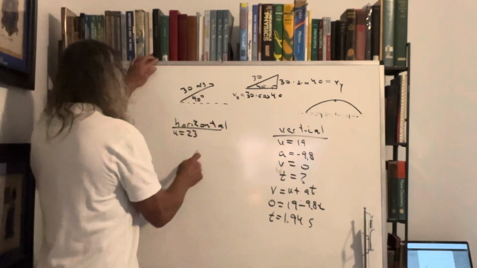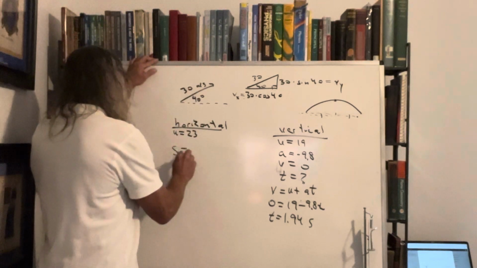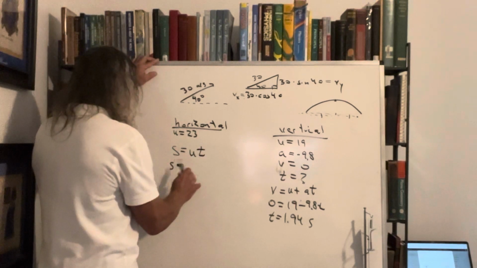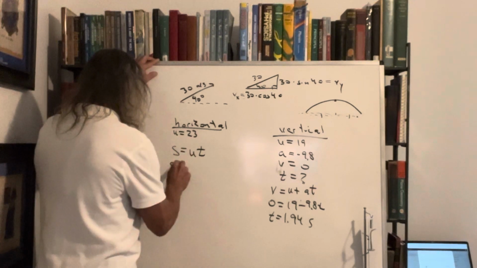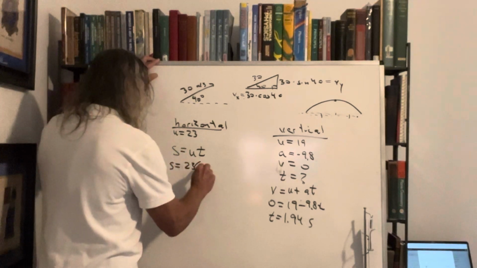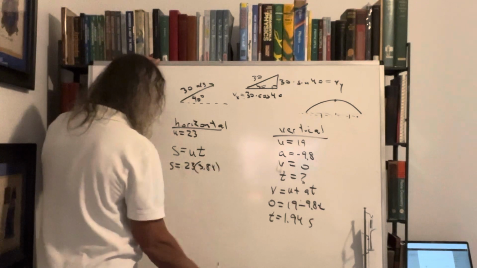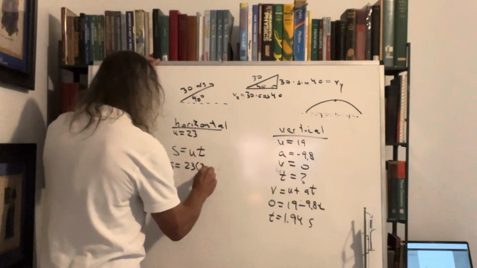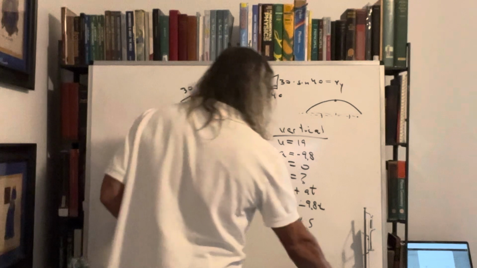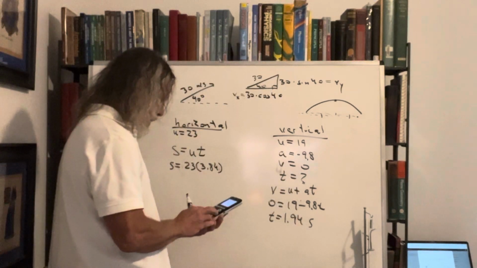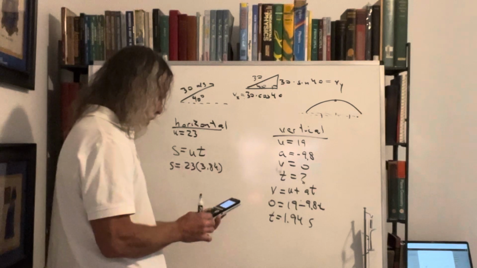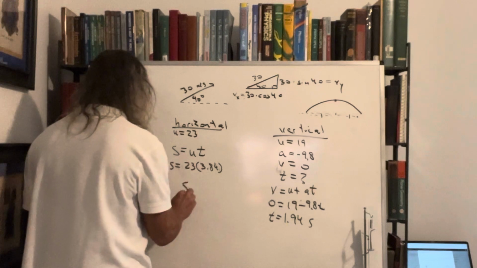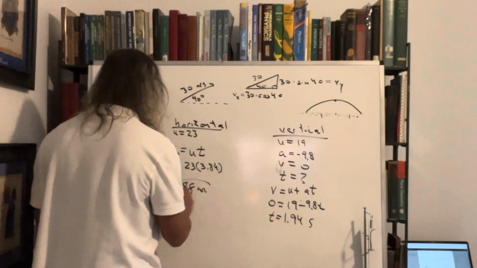So this direction, S equals UT. Distance traveled is 23 times 3.88, enter, we'll round it, about 88 meters.